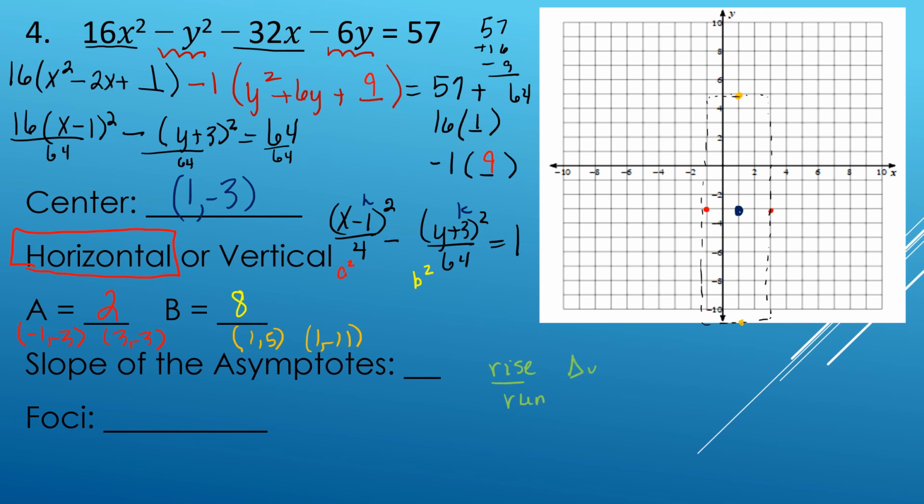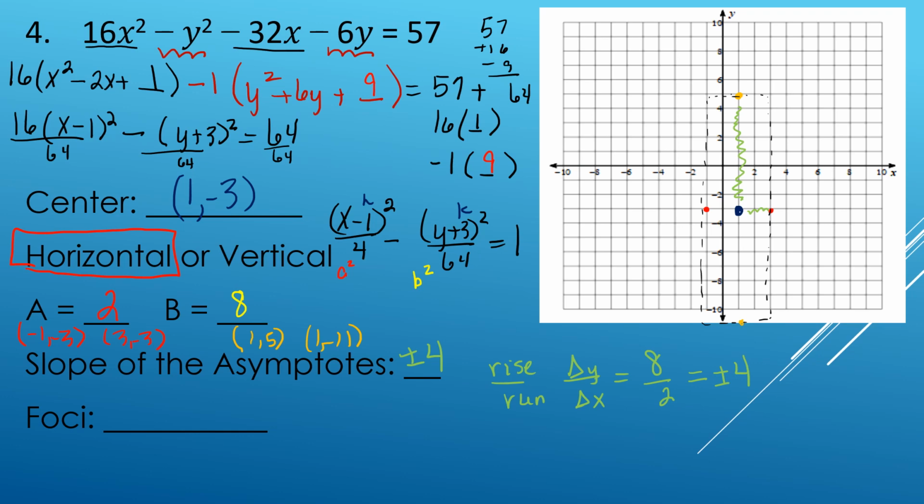So we're looking at the change in the y values over the change in the x values, and from the center up to this covertice, that total distance of b is 8. And from the center over to a vertex is a distance of 2. So we are going up and down 8 over 2, which would give me both positive and negative 4. So the slope of our asymptotes is 4 or 4 over 1, however you would like to actually write that.